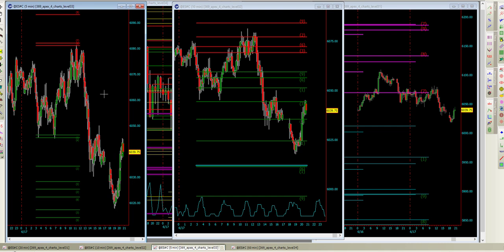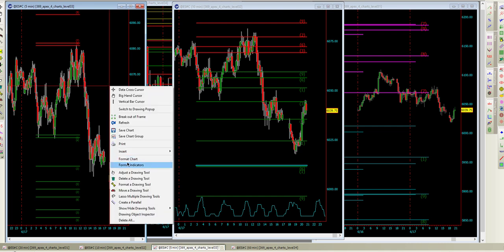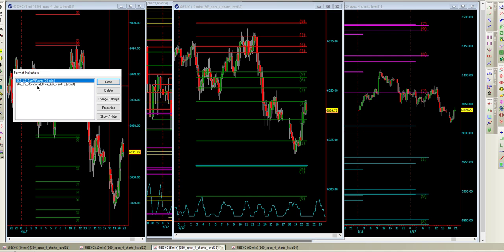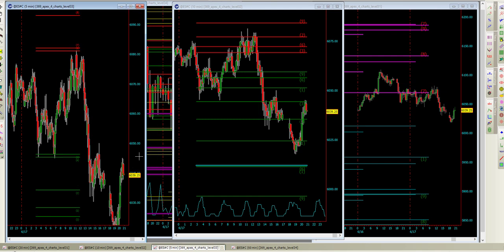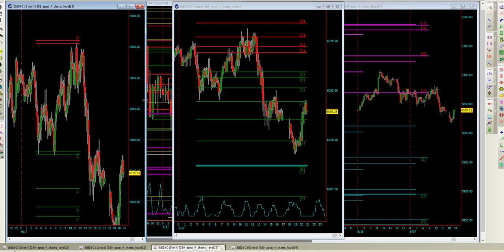On the left side, we have embarked upon the indicator called pi points. These pi points are printing the numbers on this day. Let's go one by one.